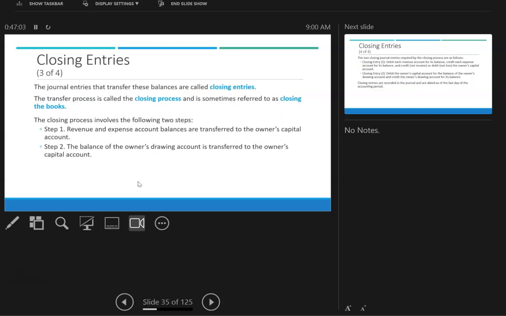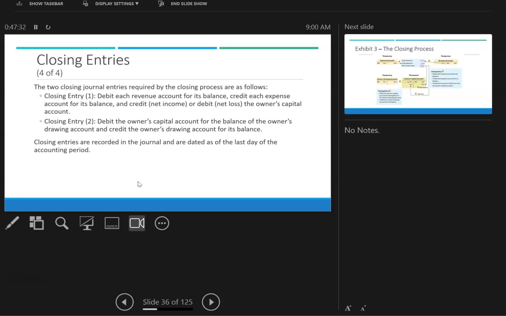Okay? So the journal entry that transfers all of the balances of these temporary accounts, we're going to call the closing process. The way we do it is the revenue and expense account balances get transferred to the owner's capital account. And then the balance of the owner's drawing account is transferred to the owner's capital account.